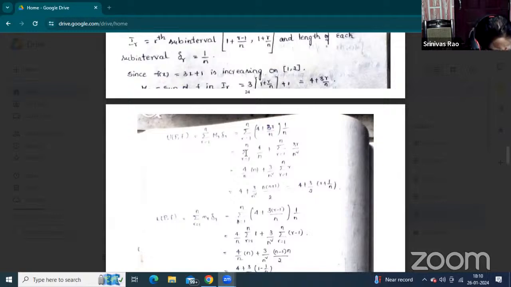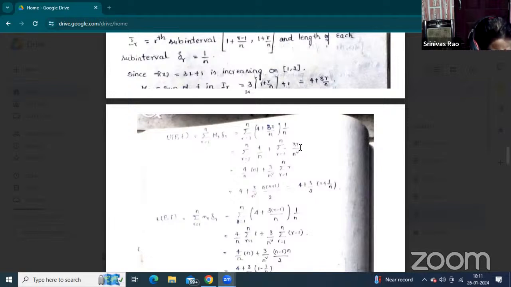Now that is a simple value. The summation of 1, from 1 to n, gives the value n. 4/n is constant. The summation of 1 means n. Summation r means the sum of the natural numbers, where r varies from 1 to n. Already we know the formula from progressions and series: the sum of the natural numbers is n(n+1)/2, because the upper value is n.